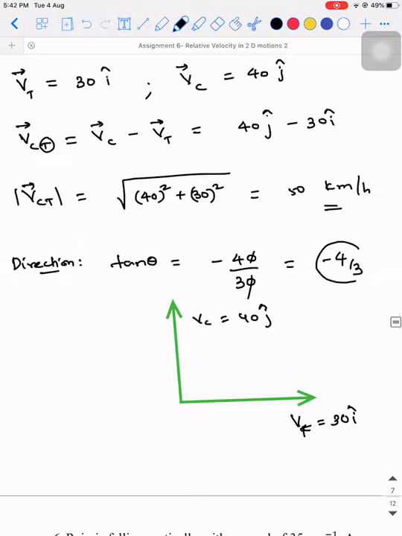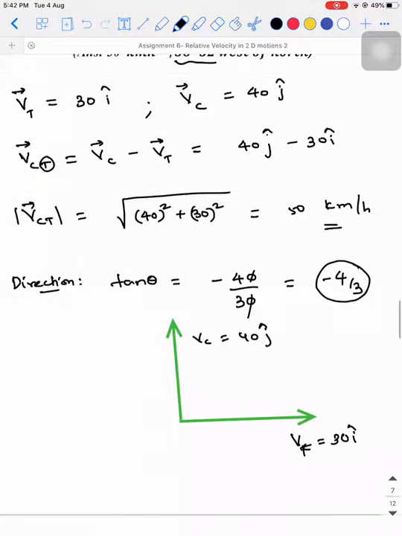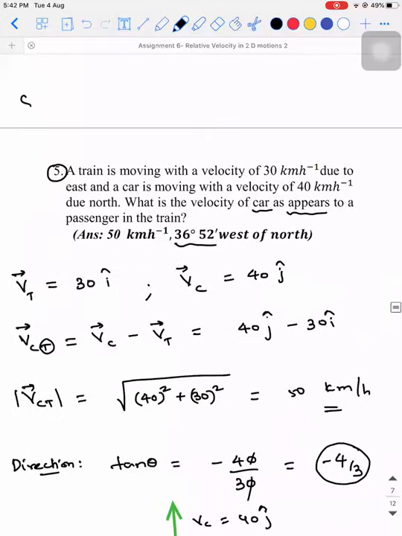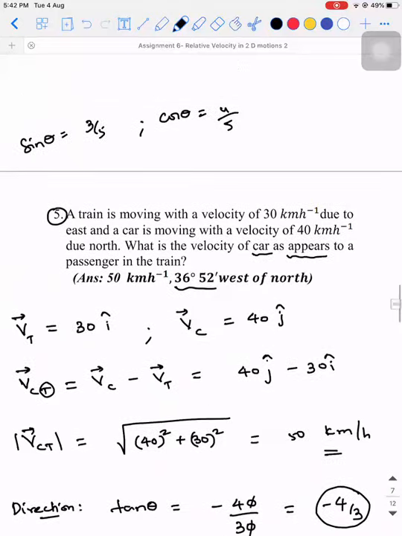Right? So tan theta is equal to minus 4 by 3 means, see, I'll tell you one angle which you can remember, a very important angle. When sin theta is 3 by 5, cos theta is automatically 4 by 5, then tan theta is 3 by 4. Whenever you see something like this, the value of theta is 37 degrees.